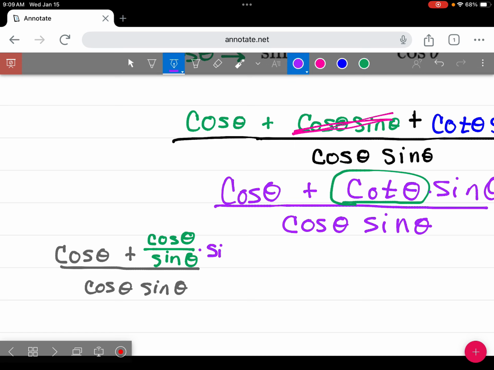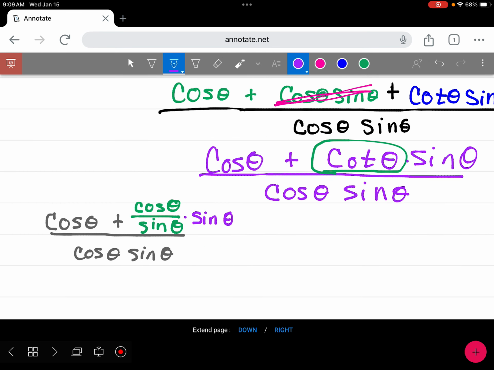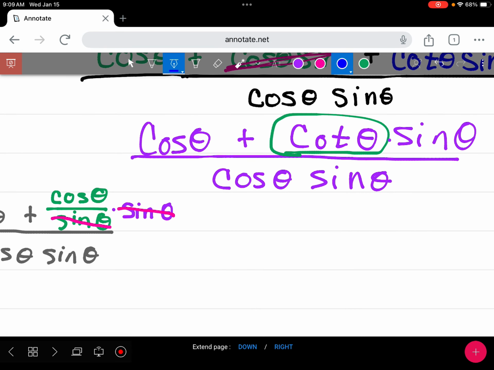That piece is still over here. What happens there? Our sines cancel out. Sine and sine. So I have cosine theta plus cosine theta. How can I simplify cosine theta plus cosine theta?